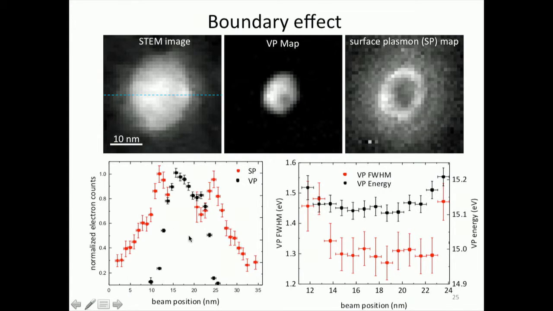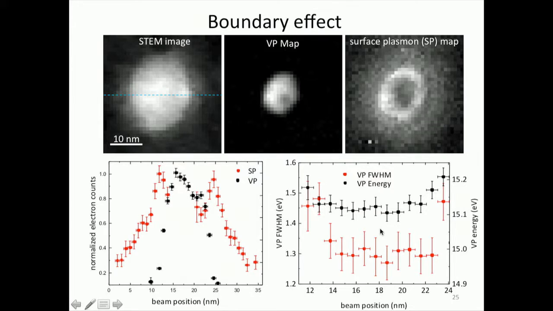However, another interesting thing that happens at this interface is that the volume plasmon energy and full width at half maximum change. So let's go now to this bottom right graph. Here I have the volume plasmon energy in black in the center of the particle. When you get to the edge, the volume plasmon energy tends to increase, from 15.1 up to 15.2 eV.